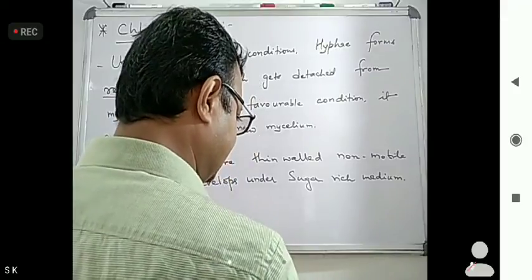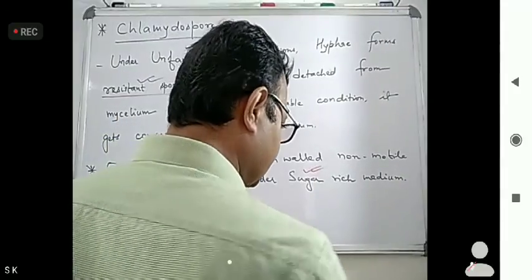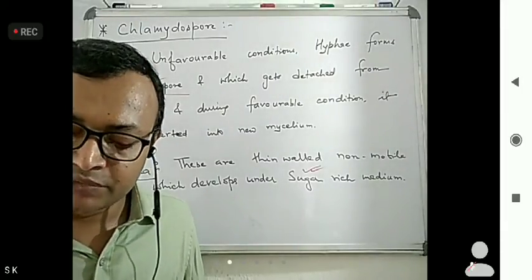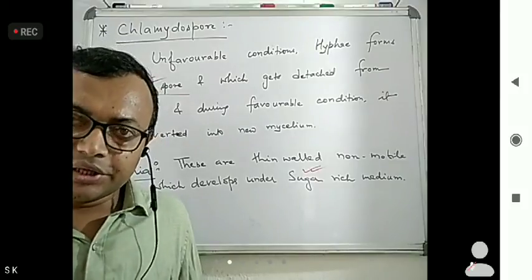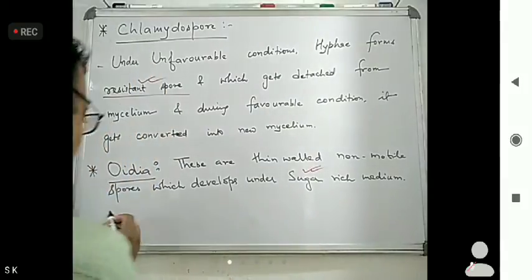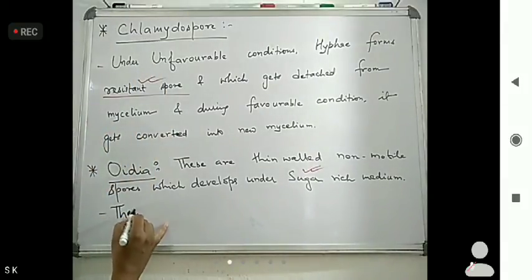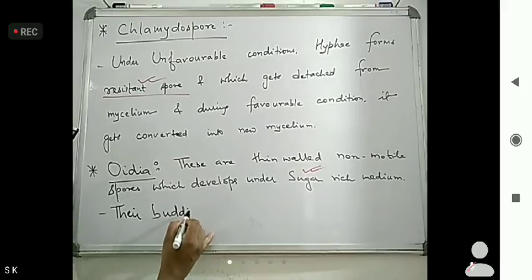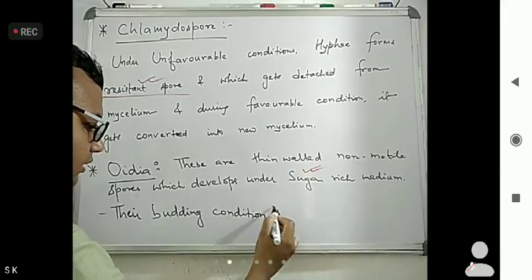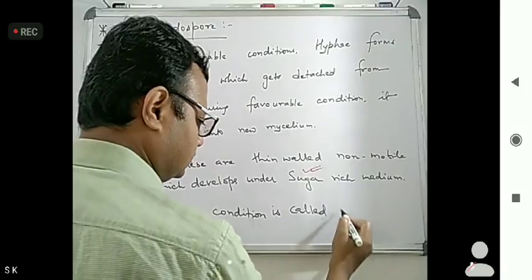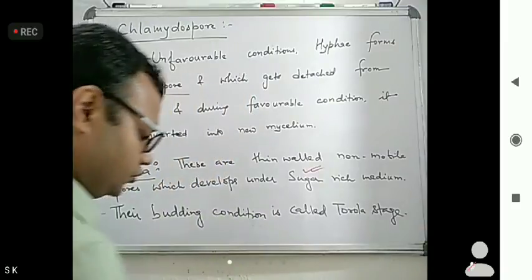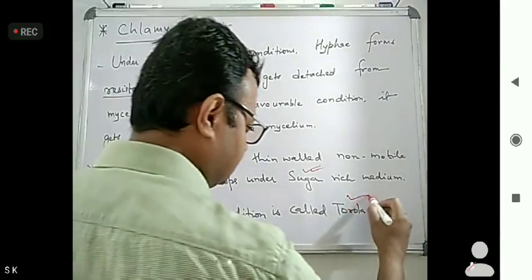You have to understand that these develop when a sugar-rich medium is available. Their budding condition is called the torula stage.